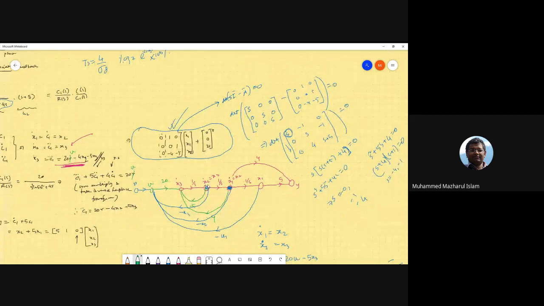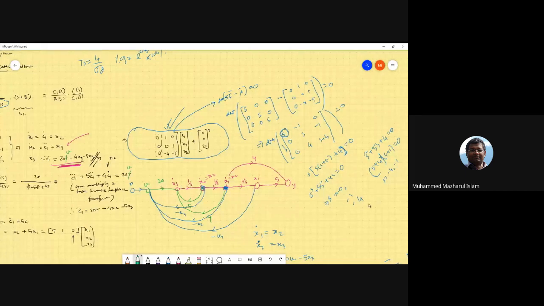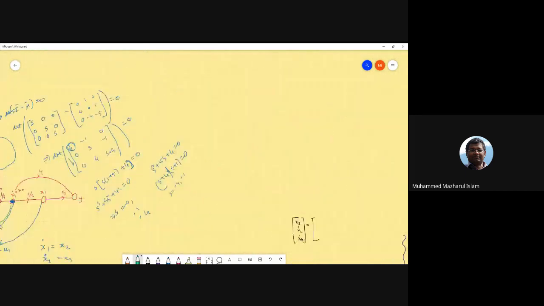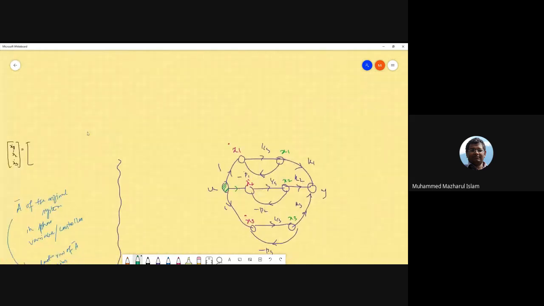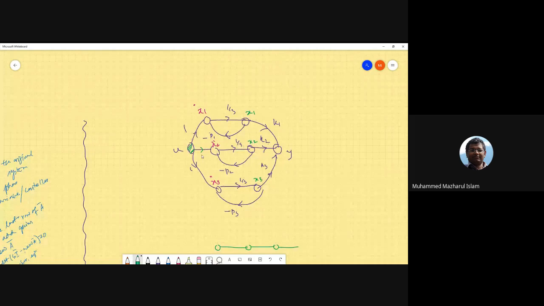So X2 dot was equal to X3, X1 dot was equal to X2. So if you changed X3 dot, then X2 and X1 would also get affected. The same for the controller canonical form. But it's easier to understand from the parallel model whether the input is connected directly to each of the states or not.